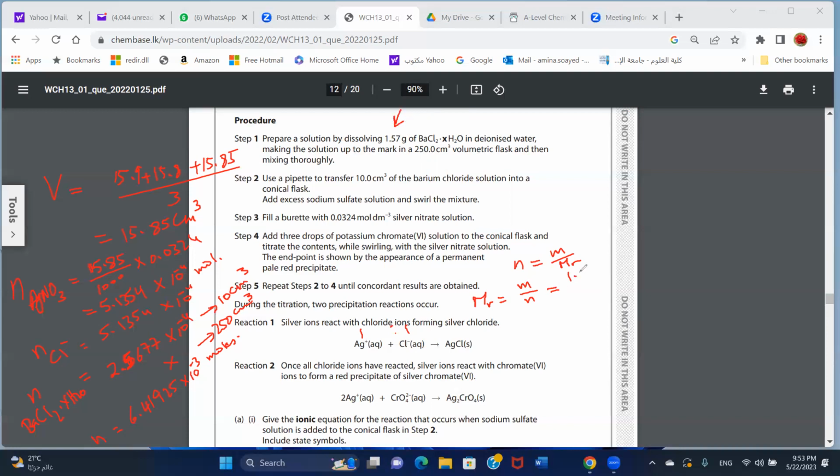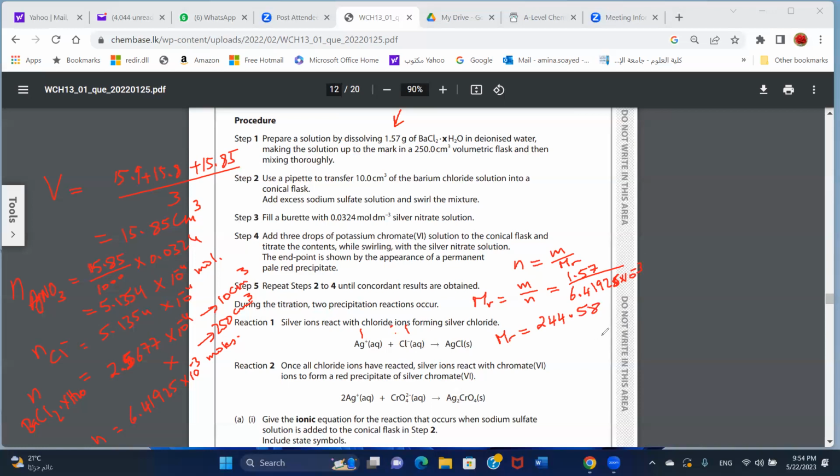Yes, excellent. 1.57 divided by the number of moles, 6.41925 times 10 to the power of minus 3. So what do we get? We get 244.58. Okay, these are the grams per mole.